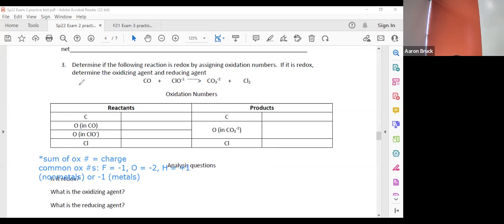Sometimes it's very straightforward. For carbon monoxide, carbon plus oxygen equals 0. If oxygen is -2, then carbon has to be +2 to match up that charge and get something neutral.